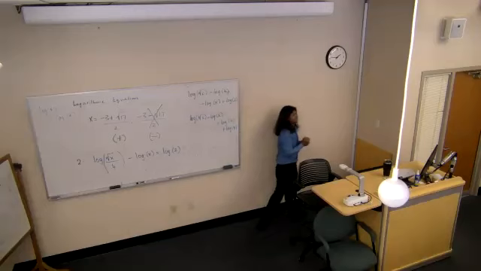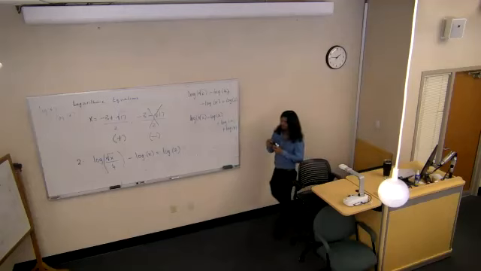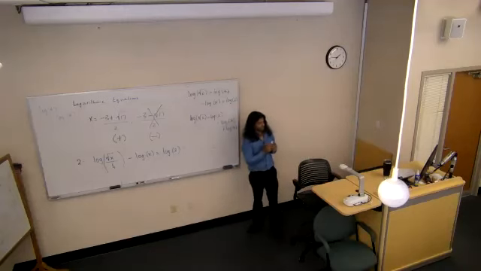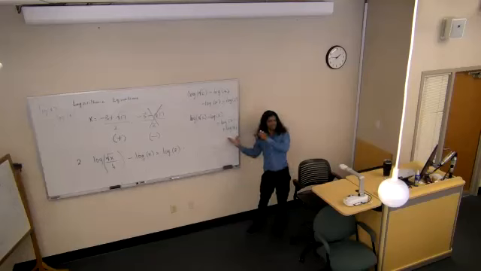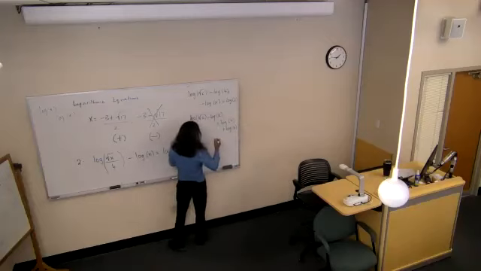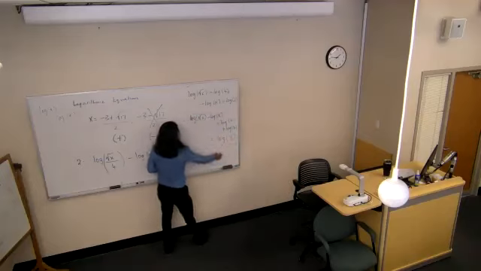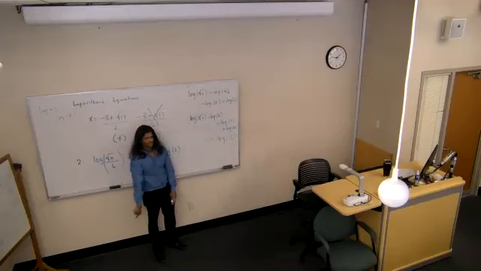Is there a property that I can use to simplify that expression? Yeah, log 2 plus log 4 is log 8. Okay. So log 8 on here, that's the tricky part.